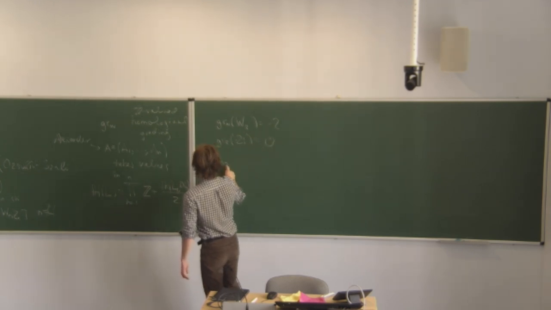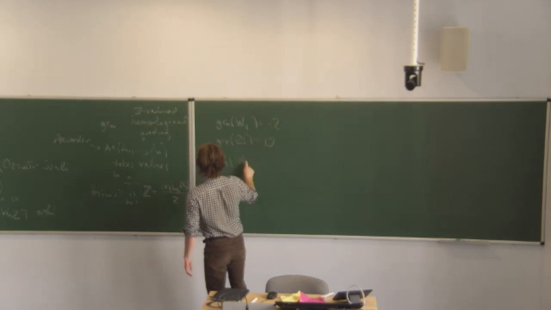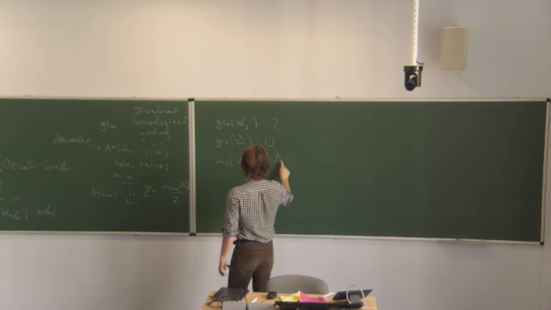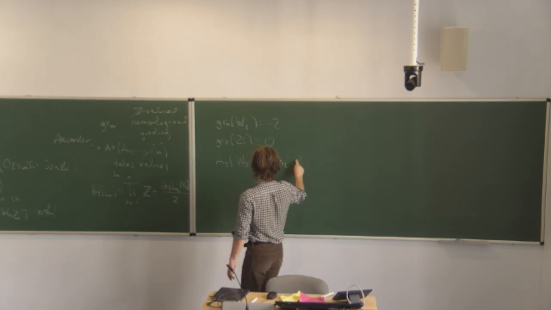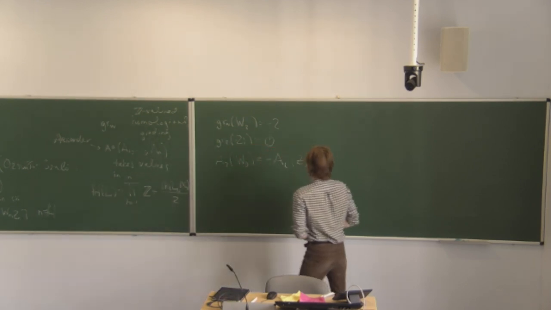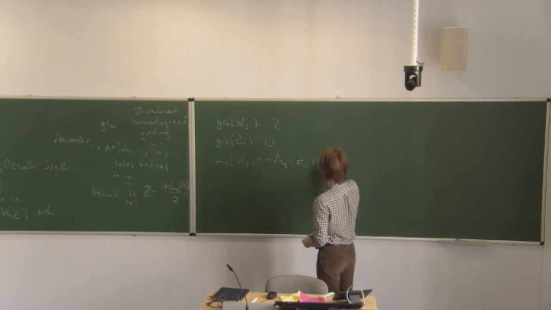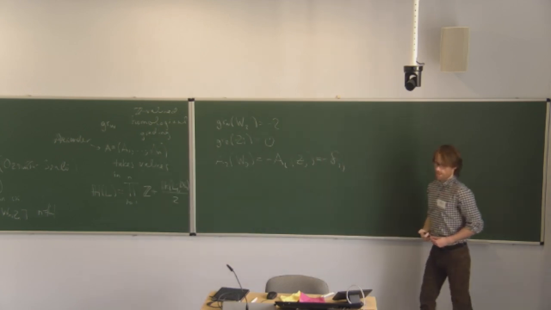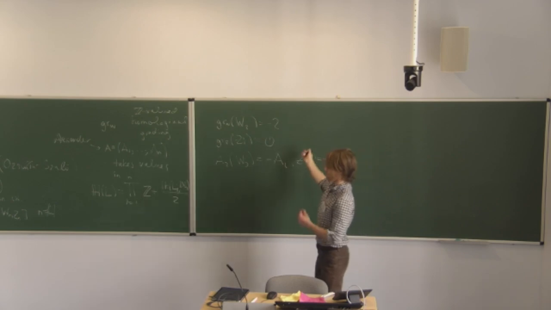And the ith Alexander grading of Wj is minus the ith Alexander grading of Zj, and this is minus 1 times the Kronecker delta function. So we have some fairly straightforward gradings that we can write down on these.